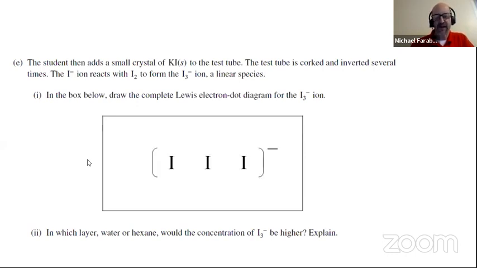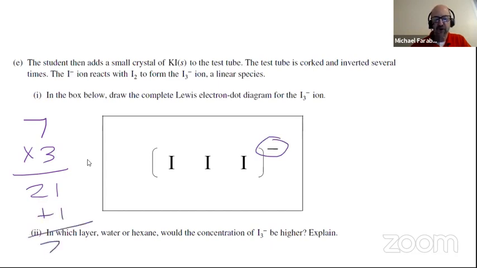I'm showing 3 iodines in a row with a negative charge on the outside. Now, the valence electrons for iodine would be 7, and we have 3 of them. So 7 times 3 is 21. But don't forget, you also have this negative charge. So we get to add 1 more electron for the negative charge. So the grand total of electrons I have to work with is 22.